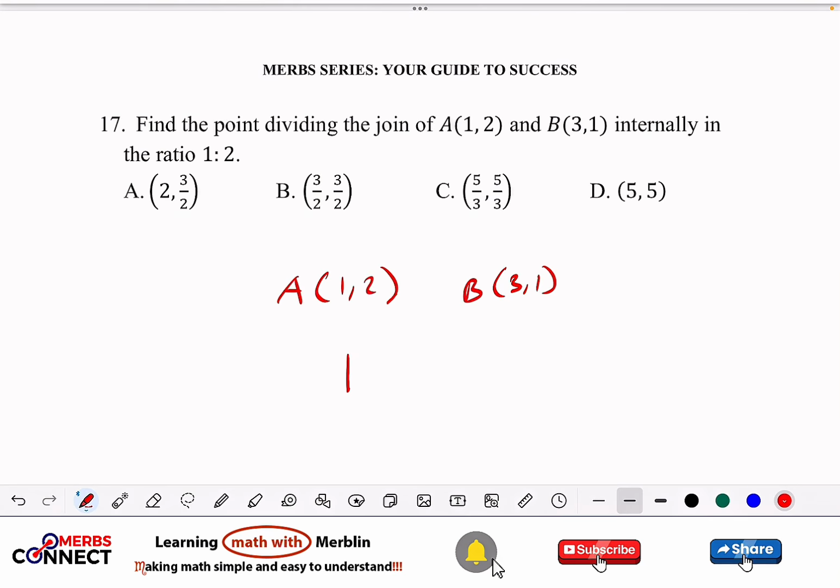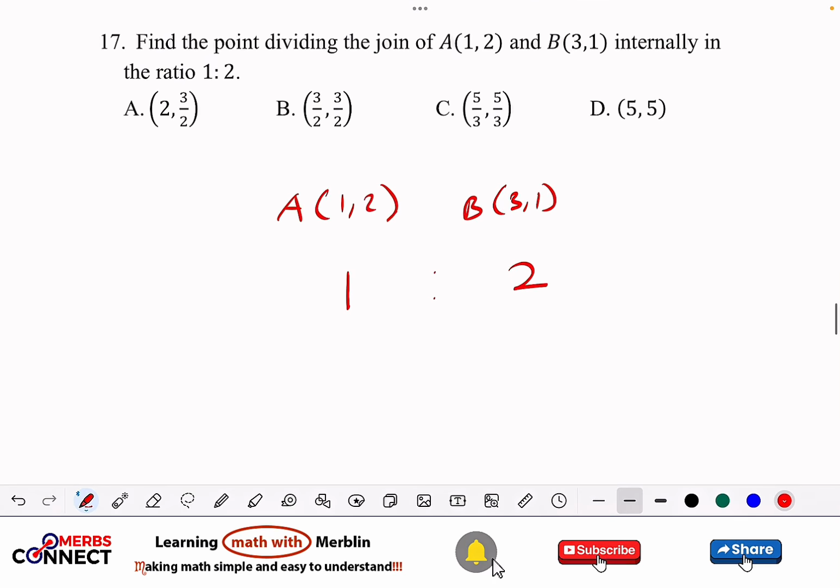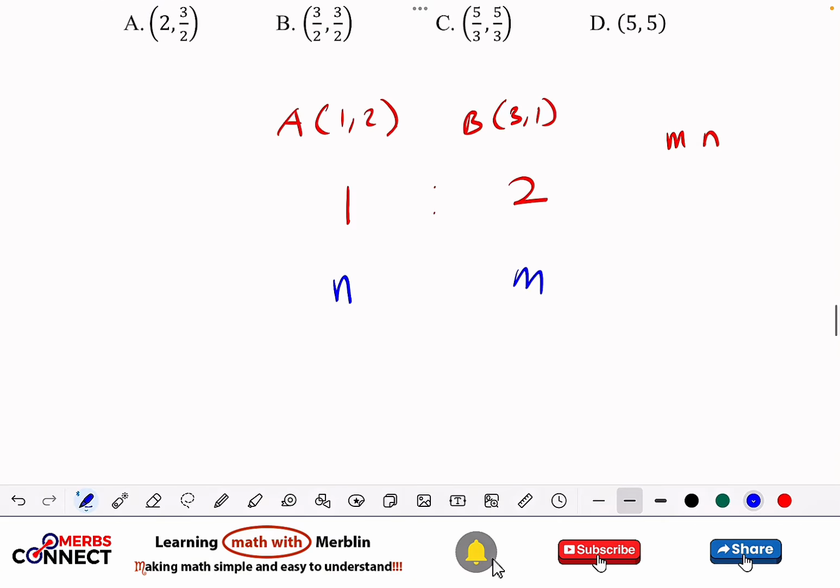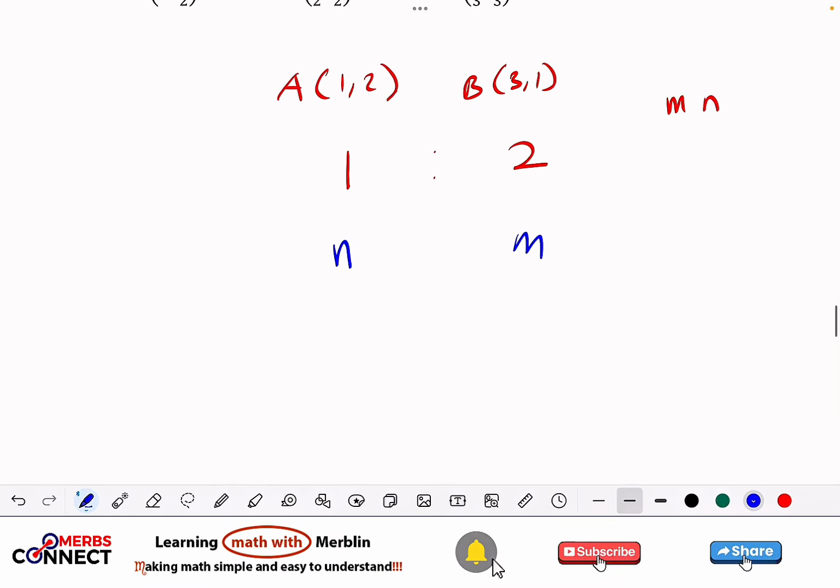So 1, 2, right? The ratio we are going to use here is interchanged. When you are reading ABCD, we have MN as our ratio, but we are not going to use MN, we are going to use NM. If you swap it, you are going to get a different answer. So what's the formula for internal division?